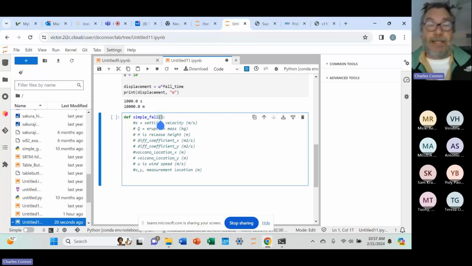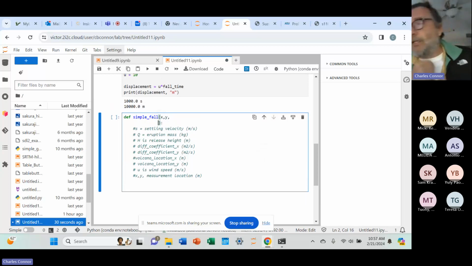And I'm going to now pass variables to it. And let's just say I'm going to pass X and Y. That's my measurement location. No problem. And then I'm going to pass a sort of laundry list of variables.